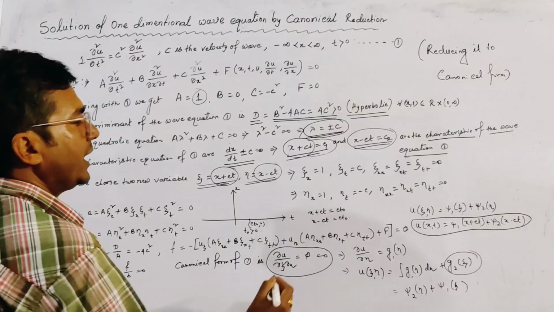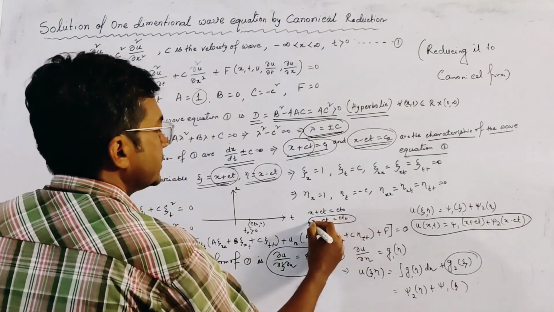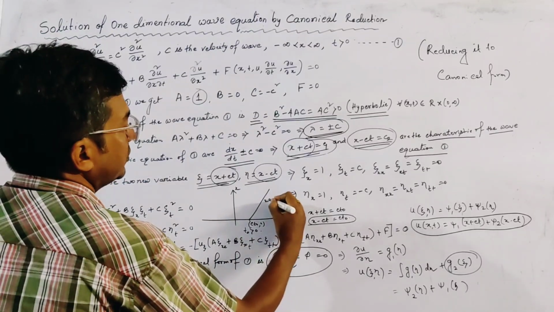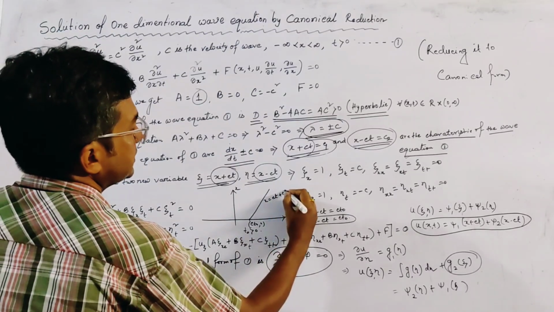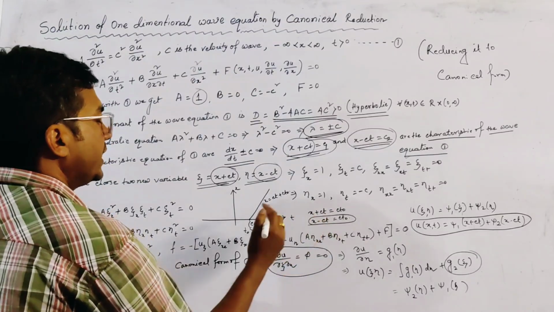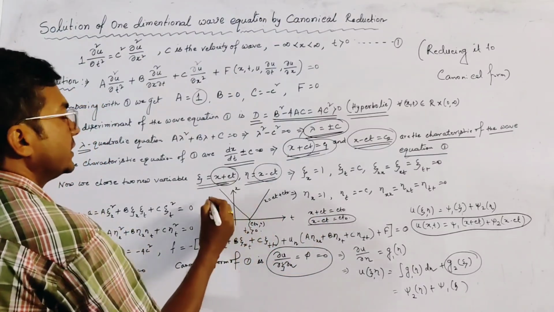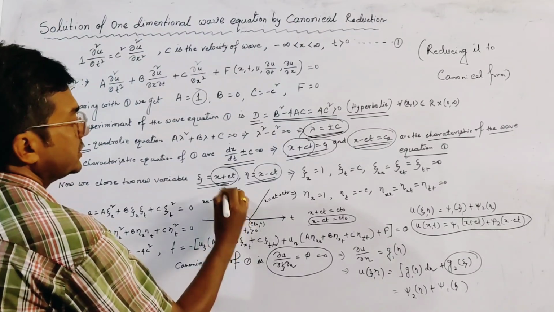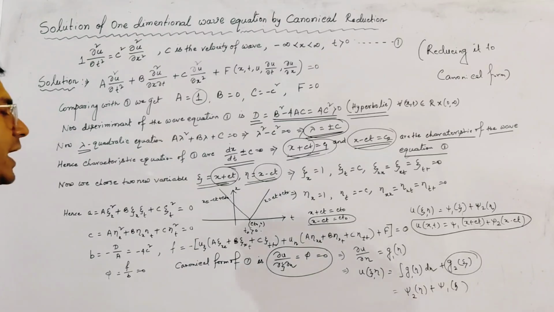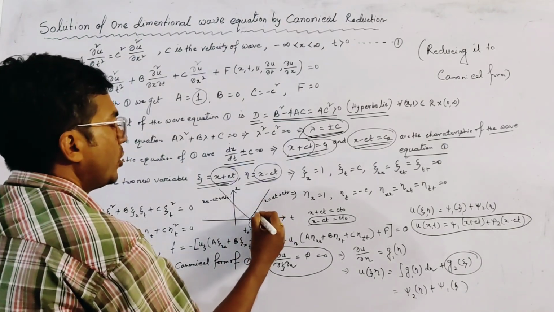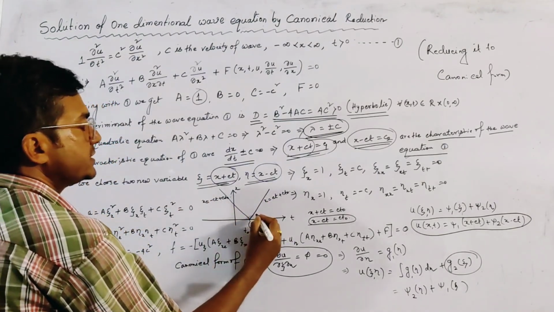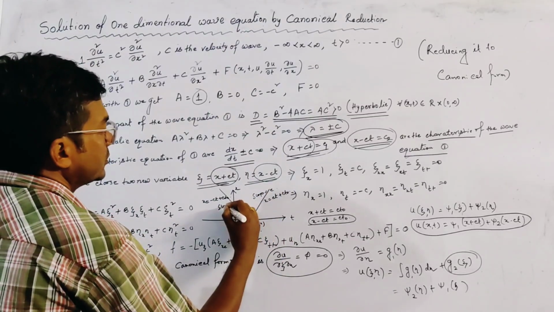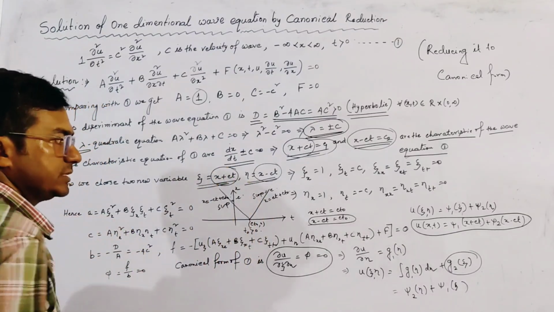Okay, and clearly this line looks like this, and this is the line x equal to ct plus ct0, and this line looks like this. This is x equal to minus ct plus ct0. Here the slope of this line is equal to c, and the slope of this line is equal to minus c.